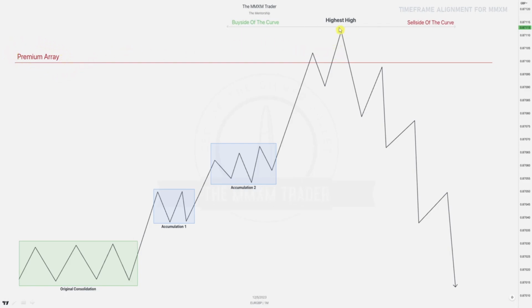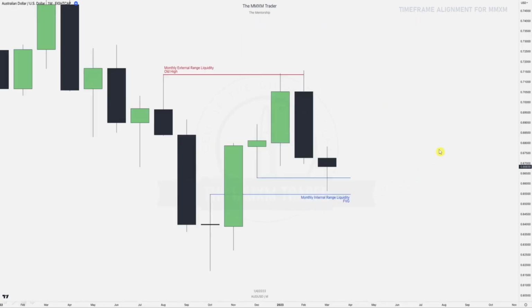And then we have this highest high, confirming sell side of the curve after we break structure and hit that key level, and then we can start to look for sell opportunities, completing this market maker sell model, liquidating this original consolidation.